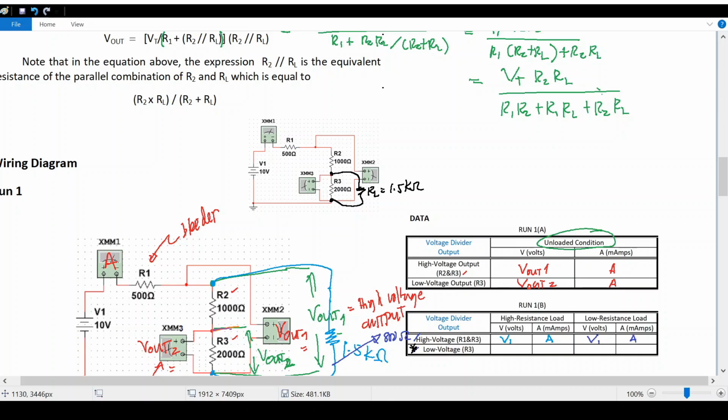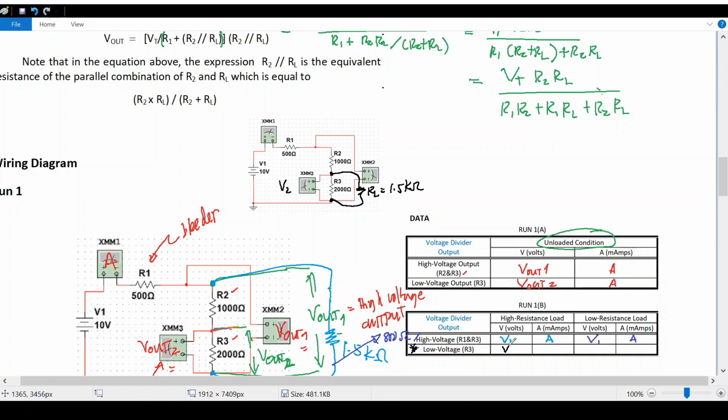So now you remove the 1.5 kilo ohm connected to the high voltage output. This time the resistance is connected to the 2 kilo ohm, and then get the reading of the voltage V2.